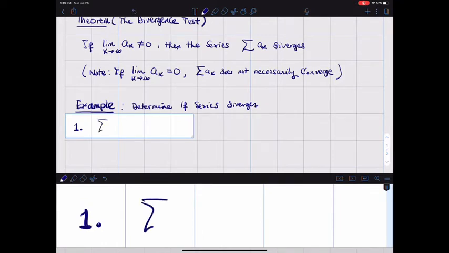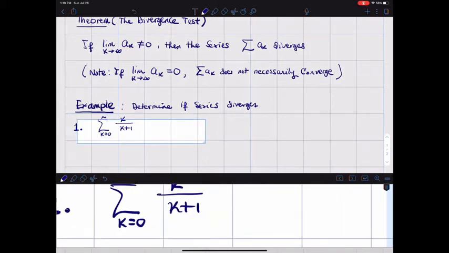So how about the series summation k from 0 to infinity of k over k plus 1? Does this series diverge? Does it converge? Well, let's start with the divergence test. If the limit of a_k is not equal to 0, then we conclude that it diverges.